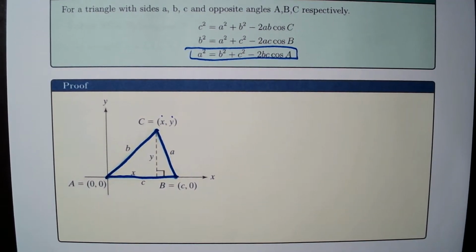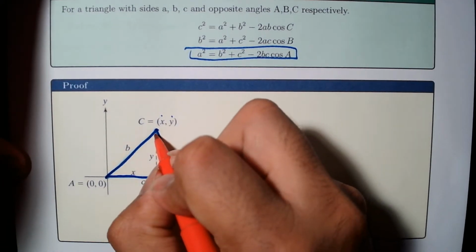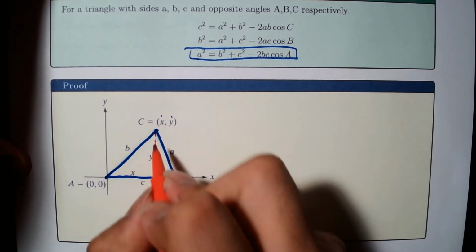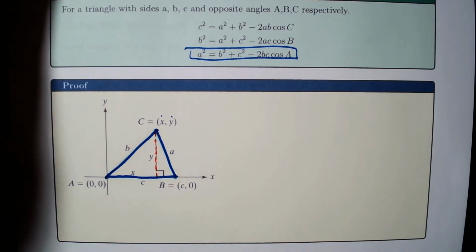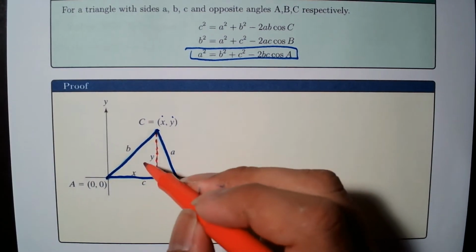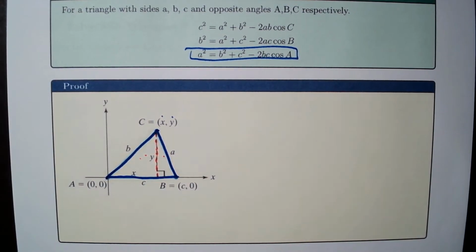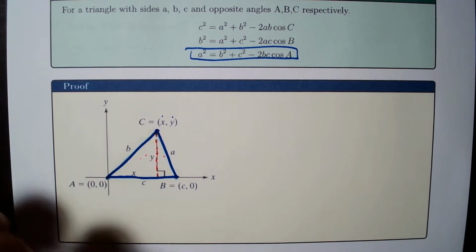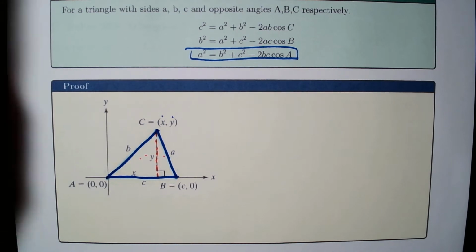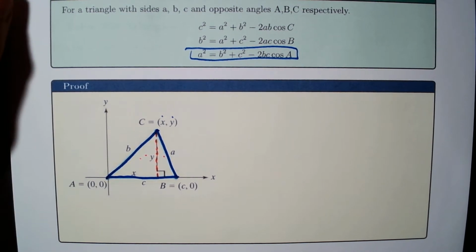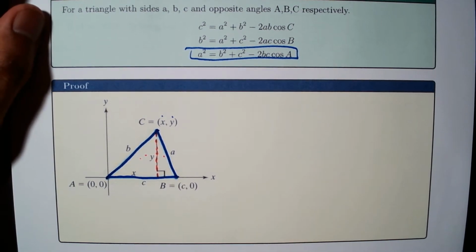Alright, if we use trigonometry to relate the sides, in this case I'm going to cut this triangle into 2 right triangles, just the same way we did in the previous section for the law of sines. But in this case, if we are to prove the law of cosines, I'm not going to do sines, I'm going to do cosines.